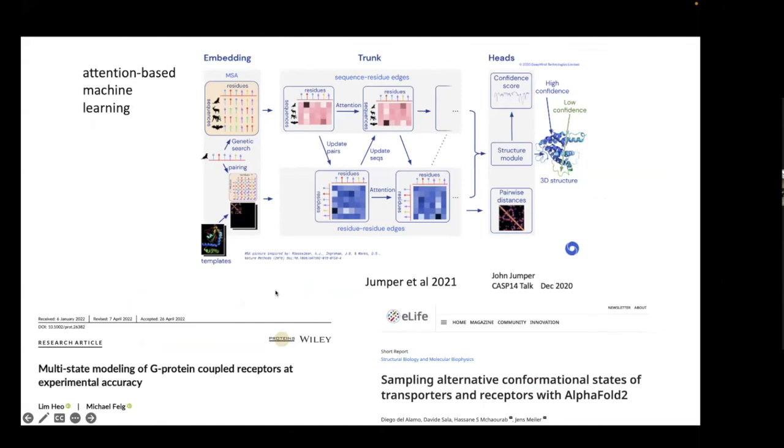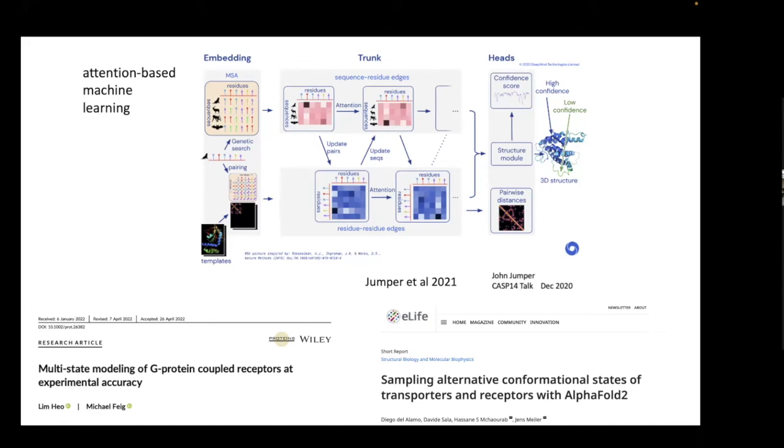So as was explained in the first talk, a very important part of the AlphaFold pipeline is this embedding process where evolutionary covariance constraints and perhaps homology information is used to get some prior information that then goes into the main machine learning network. But what people have observed is if they use much shallower or even no multiple sequence alignments, that is, they don't use this information, then they get a broader distribution of conformations predicted.